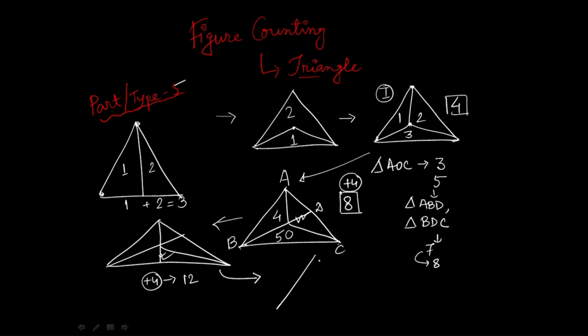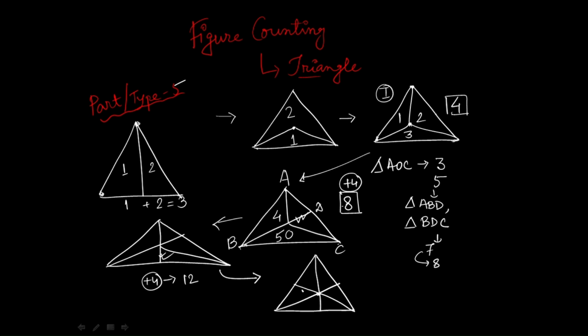So if this kind of triangle is there now, and all the divided lines are touching the sides, then how many triangles will be there? To remember this, you just have to notice that if no lines are touching the sides, then 4 triangles. 1 touch, 8 triangles. 2 touch, 12 triangles.